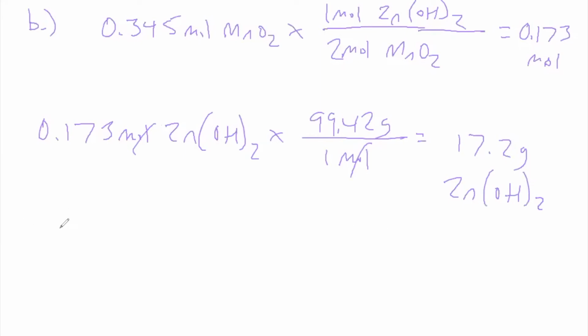And then for part C, they're asking about the excess reactant. So we said before that zinc is in excess. How much is left over? To determine that, we have to use, again, the limiting reactant to determine the moles needed of zinc. So we're going to convert from moles of MnO2 to moles of zinc.